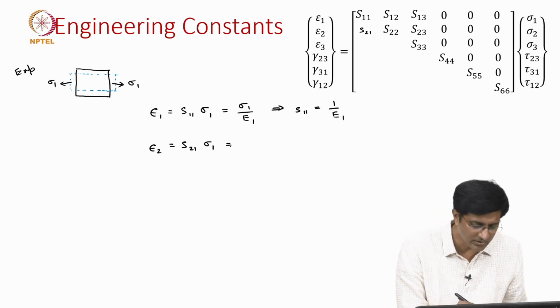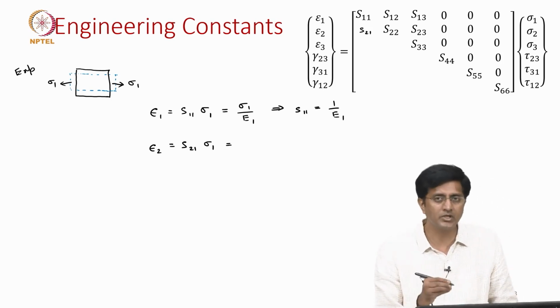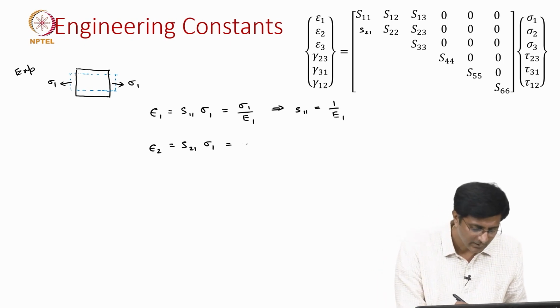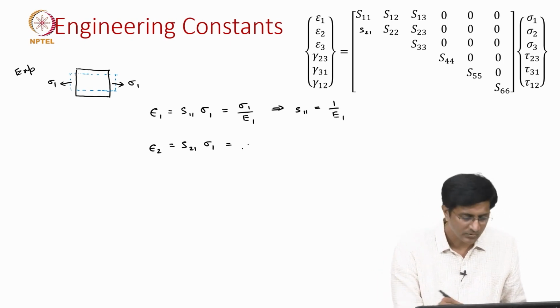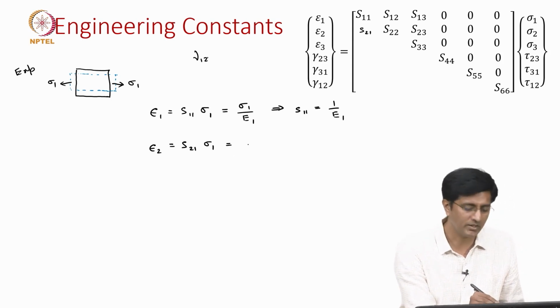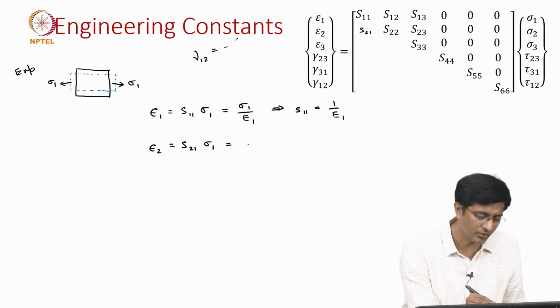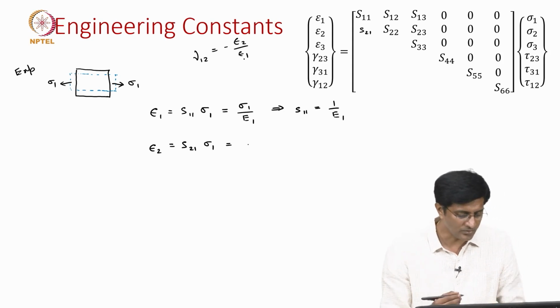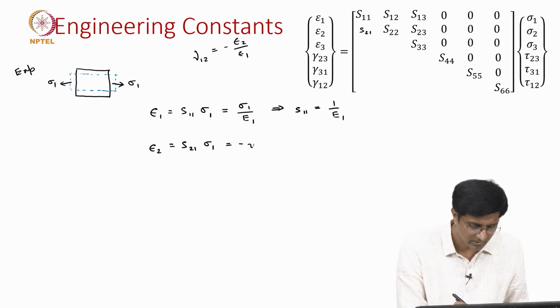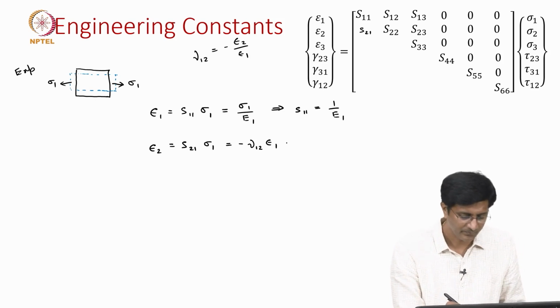But how do we write this epsilon 2? Here we can use the definition of Poisson ratio. Previously we said we can use this nu 1 2, where the loading is in direction 1, and according to the definition it is minus epsilon 2 by epsilon 1. Since we are looking at epsilon 2, we can write it as minus nu 1 2 times epsilon 1.